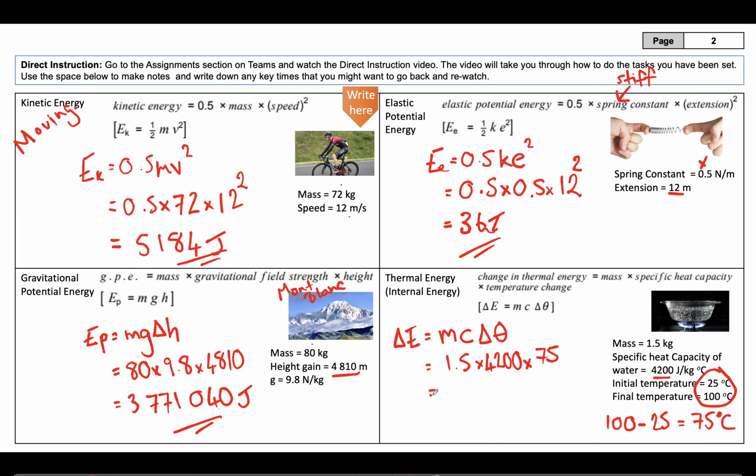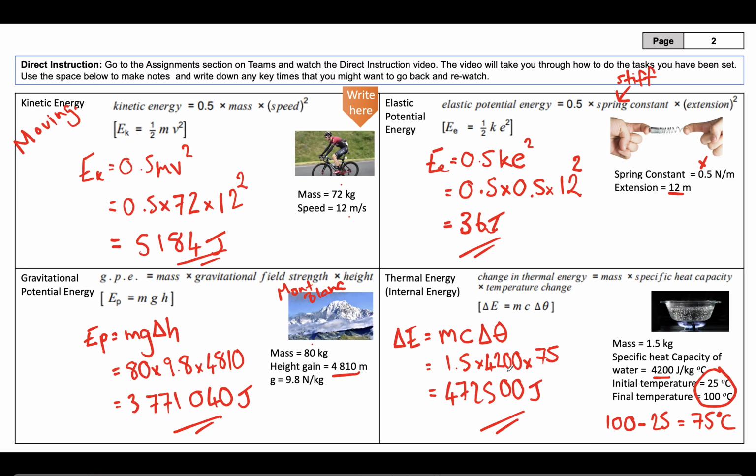So 1.5 times 4,200 times by 75. That gives me 472,500 joules.